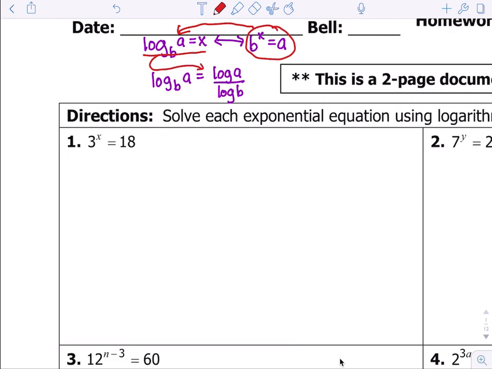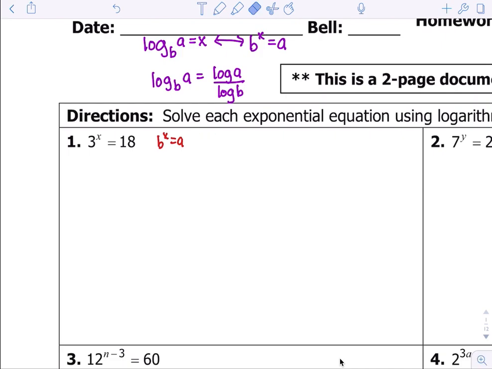Most of the time we go from log form to exponential, but now we're going to go from exponential to log form and then use the change of base formula. If we take a look at this first one, this is in the form of b to the x is equal to a, right? So our b is equal to 3.